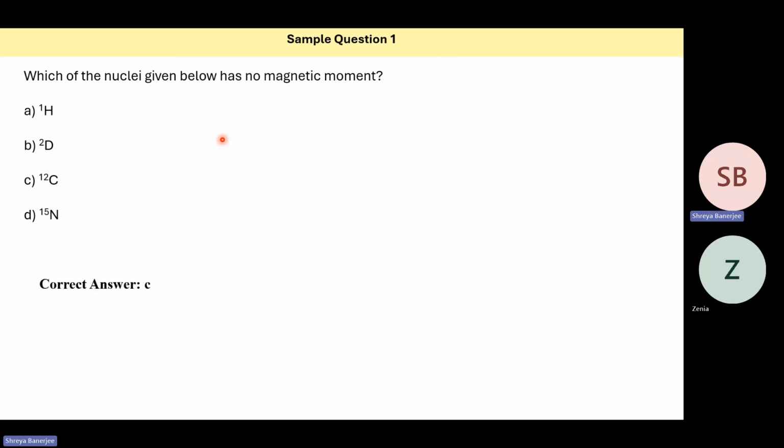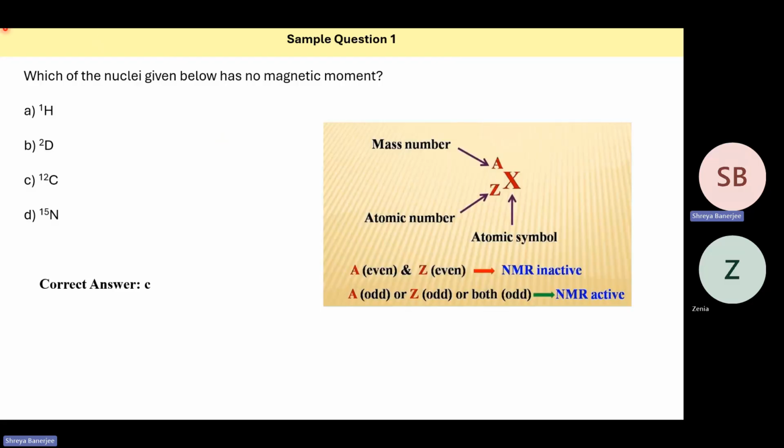So the answer is actually deuterium, because if you remember the rules, for any element, we have to look at the mass number and the atomic number. Sorry, the answer is C, that is 12 carbon.